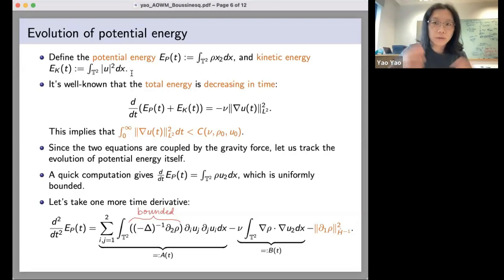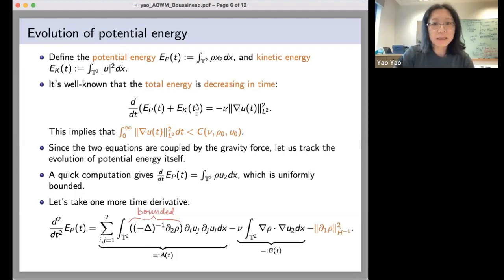It is well known that when we add these two parts together, they form the total energy, and as we take the time derivative, we can check that it is decreasing in time with a coefficient given by the viscosity coefficient.